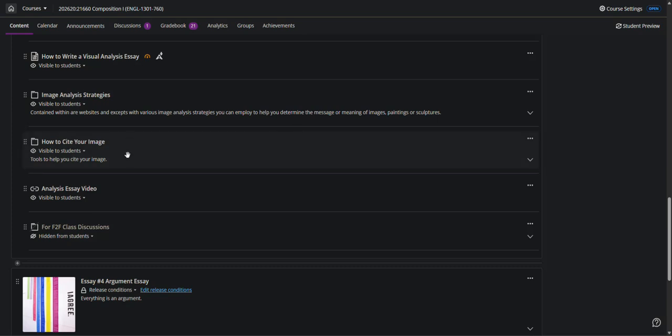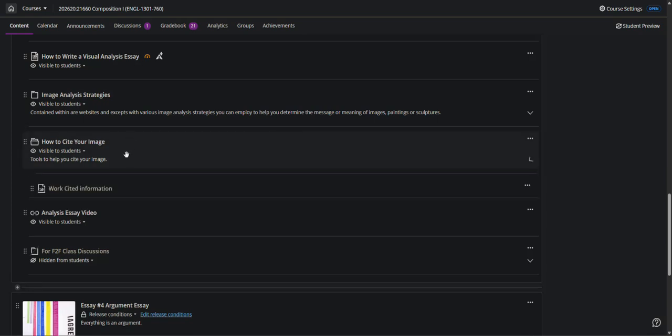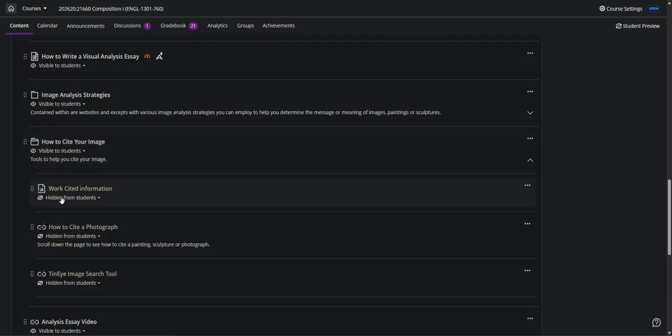Important down here is also how to cite your image. And make sure these are not hidden from you guys. You're going to have to cite your image from wherever you get it. Usually it's probably from the internet. You're probably not going to get it from a book. You will have to include a copy of the image in your paper.